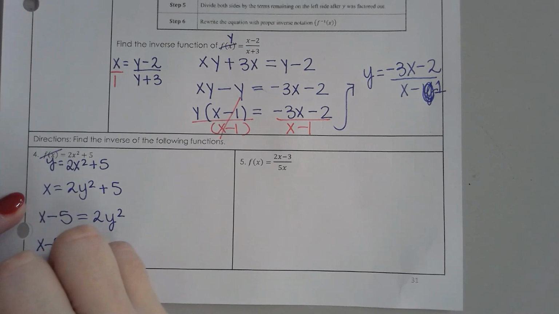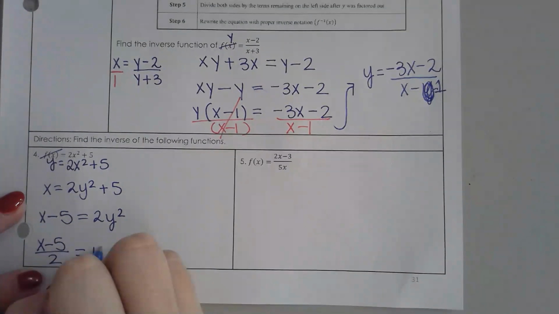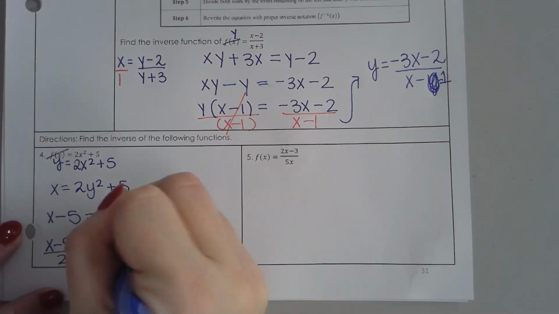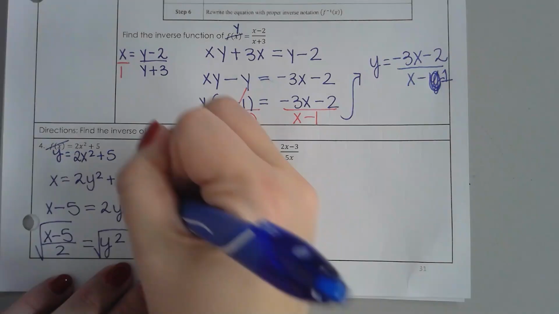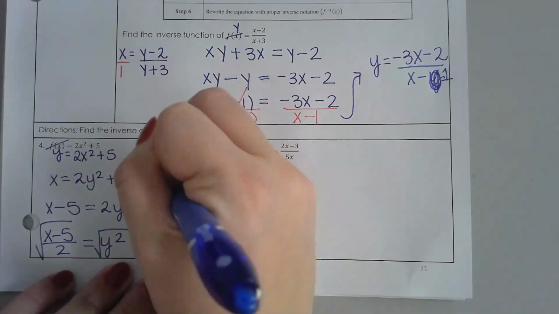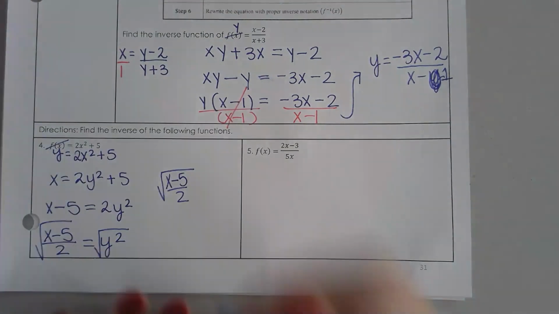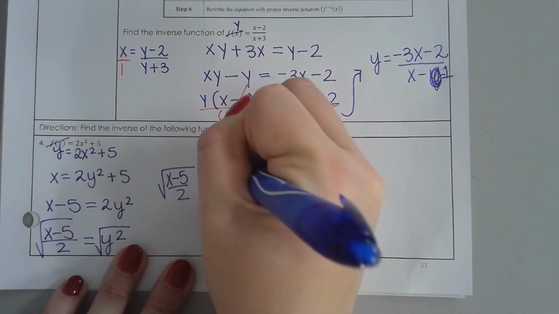X minus 5 over 2 equals y squared. And then what's my last step? Square root, yep. So the square root of x minus 5 over 2. It's y inverse.